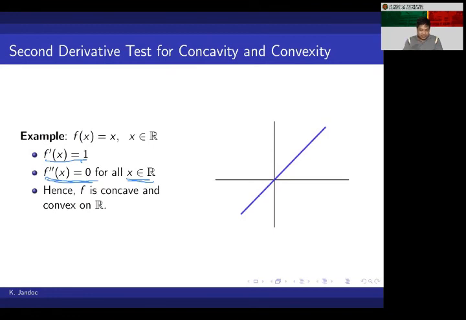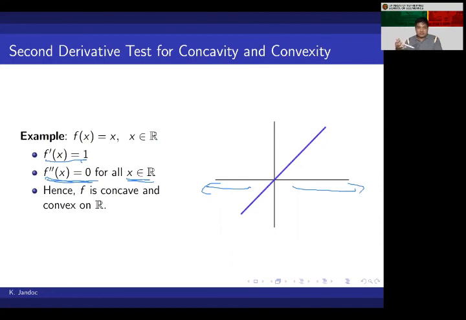So whether you go here or you go here, the second derivative is equal to 0. Great. So it satisfies both the definition of concavity and convexity, because what does the definition of concavity mean? It says that the second derivative should be less than or equal to 0.